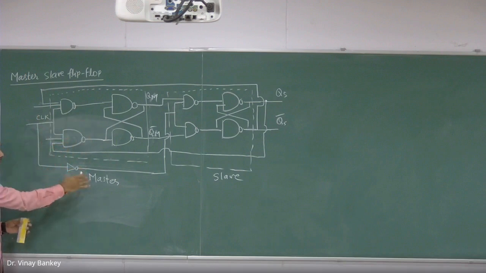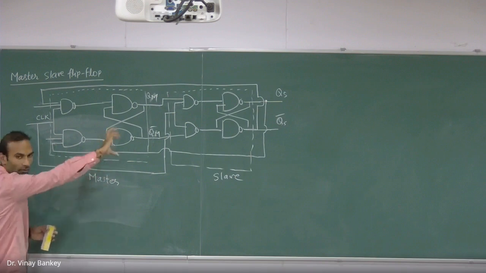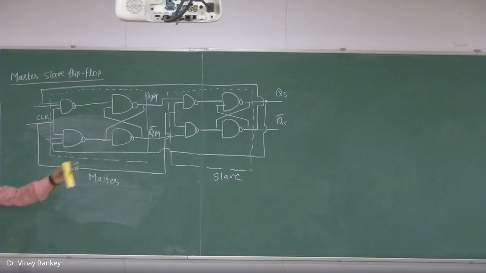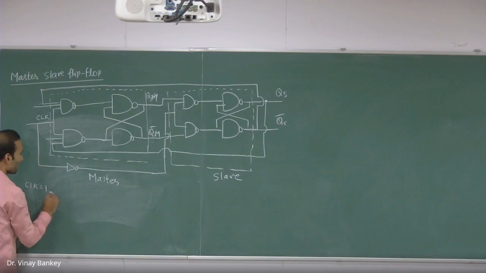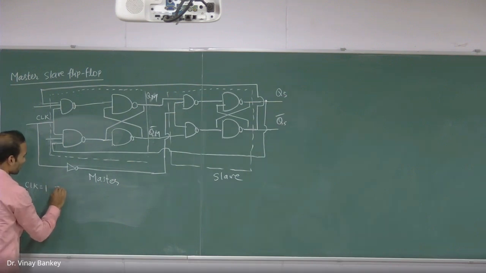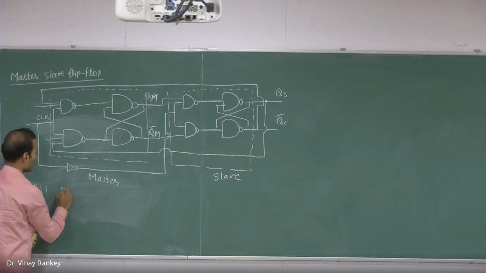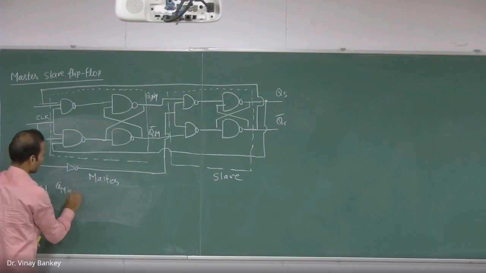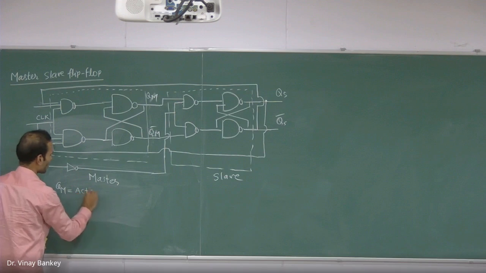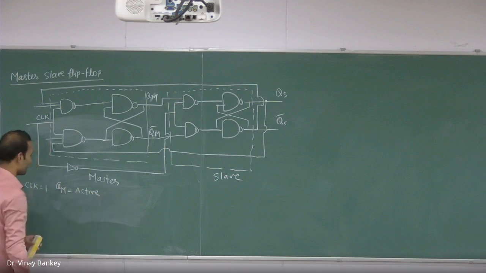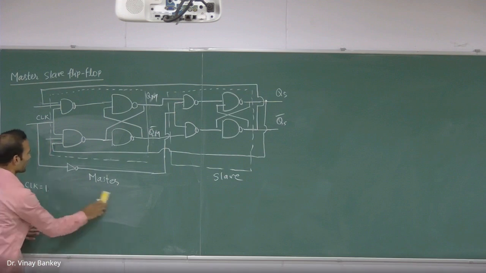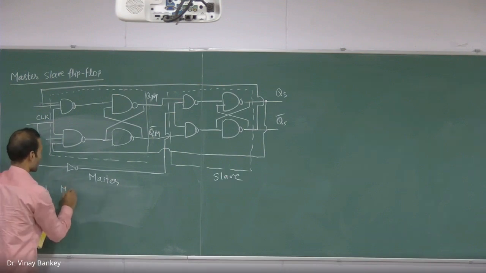And whenever there is a low in the clock pulse, the slave circuit will be in the active position. So I will write: whenever clock is 1, the output QM will be active. Or we can write this: the master will be active.